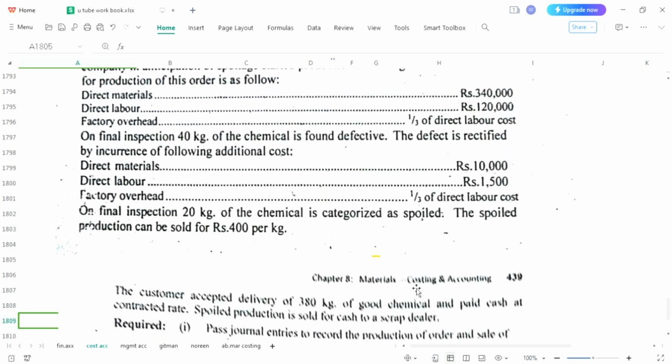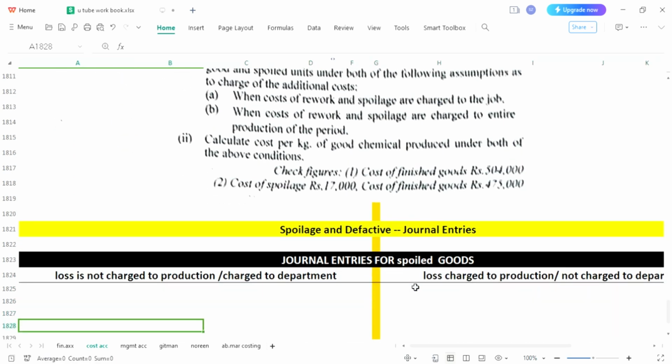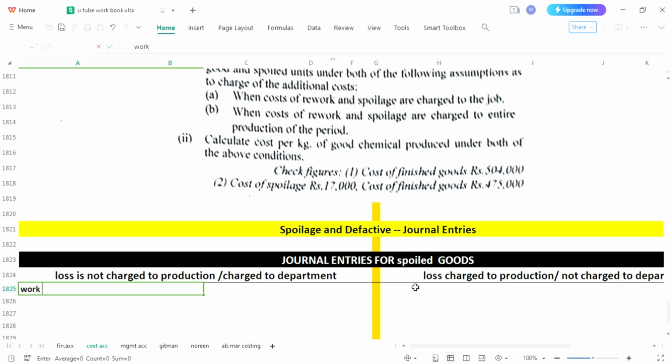So come over here and you will see that we have our journal entries. On the left side, we will be putting four entries. First entry, work in process, associated with material. Then work in process for labor.